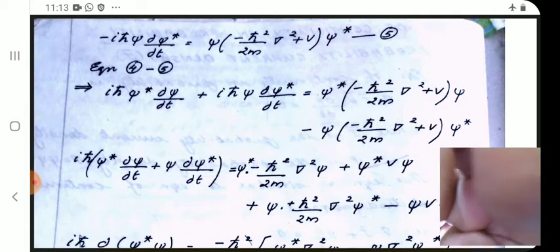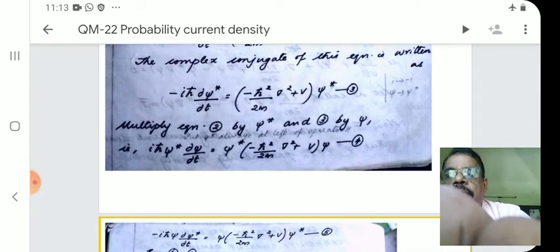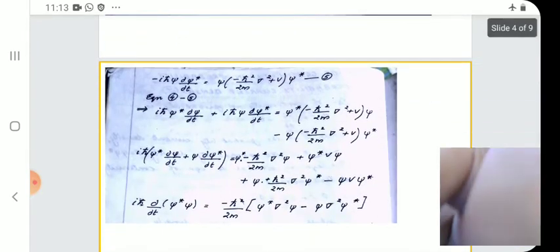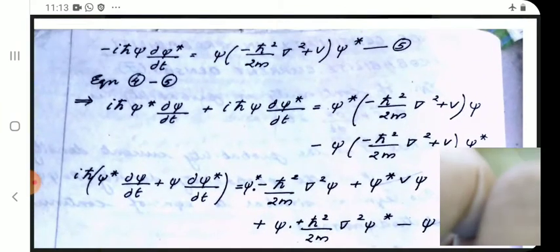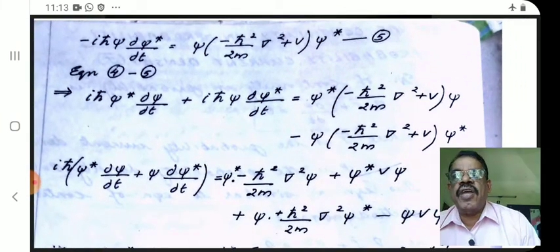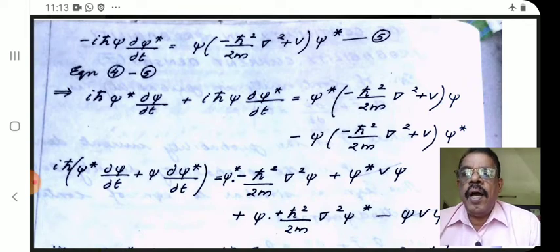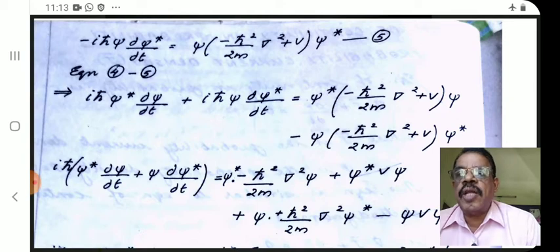Look, this is 4, the last one, and here there is 5. Subtract 4 minus 5. When we subtract 5, a minus term will become plus. So in the LHS we get i h cut psi star dou psi by dou t plus, or minus minus, i h cut psi dou psi star by dou t.